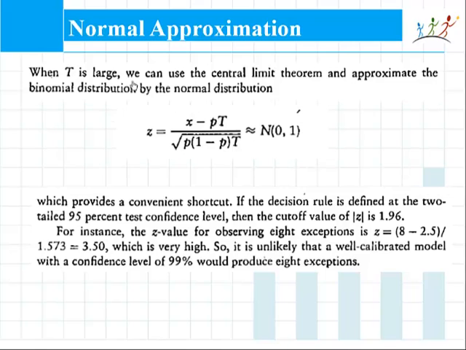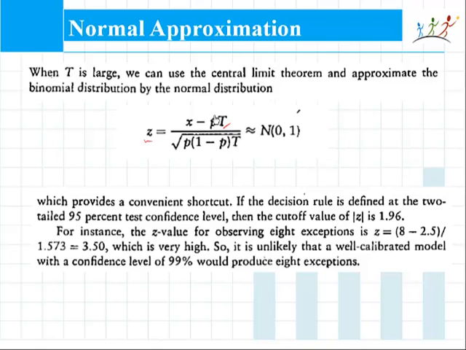So for large samples, the binomial distribution does tend to the normal distribution. That is, we can take help of the Z statistic and do a hypothesis test to check if the number of exceedances is statistically different from the expected number of exceedances.